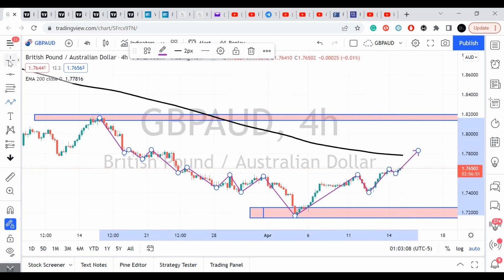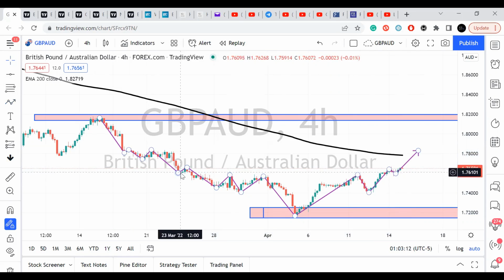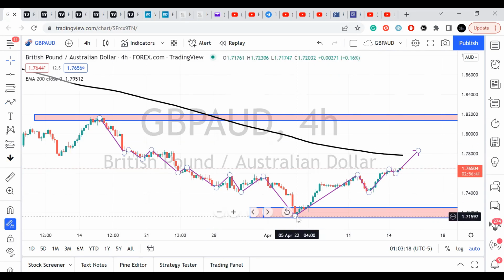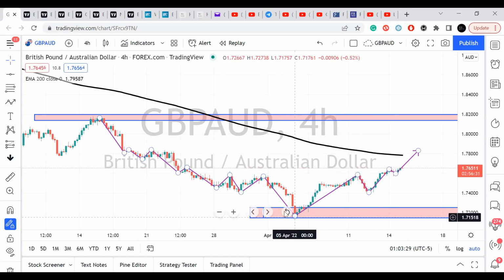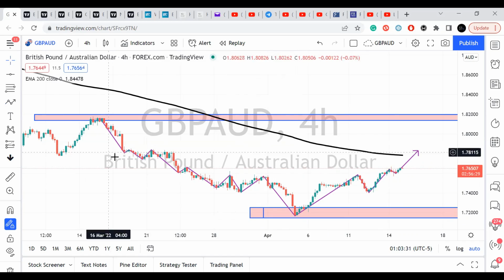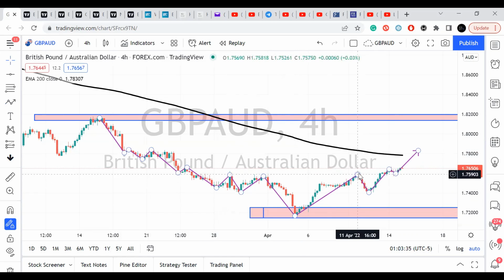So yesterday, I missed this structure here. You can see that when price broke here, anytime there is a break of structure, price will come back to retest it. First of all, there was a break of this high.